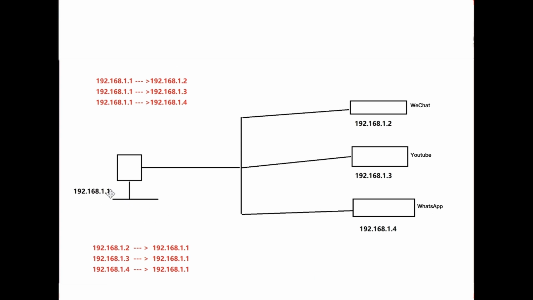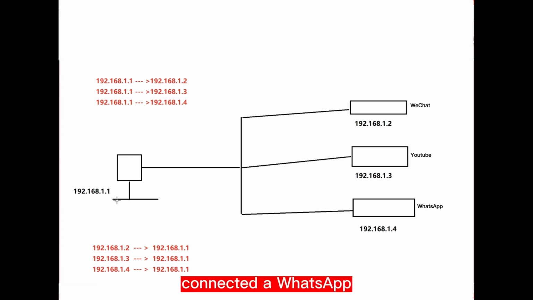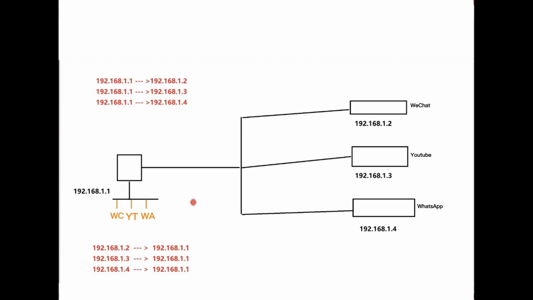For example, now this host has downloaded 3 applications. Connected a WhatsApp, a WeChat, a YouTube. Make an identification. Suppose this is WeChat. This is YouTube. This is WhatsApp.